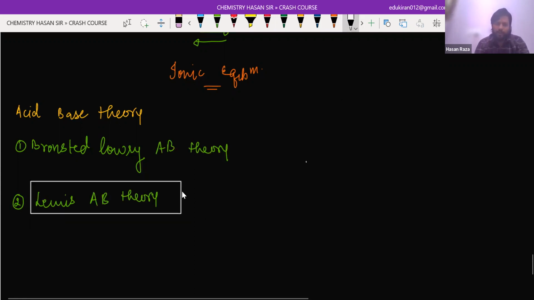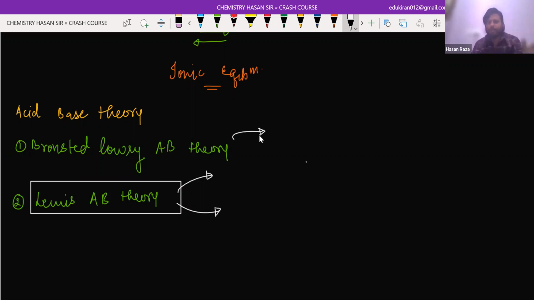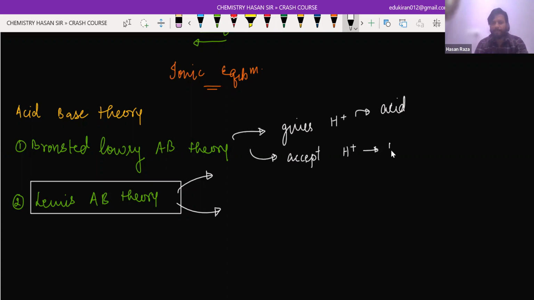Why is it so important? Because every acid does not contain H plus and OH minus. Let me discuss this first. What is Bronsted-Lowry acid-base theory? It says that the one which gives H plus is an acid, and the one which accepts H plus is a base.